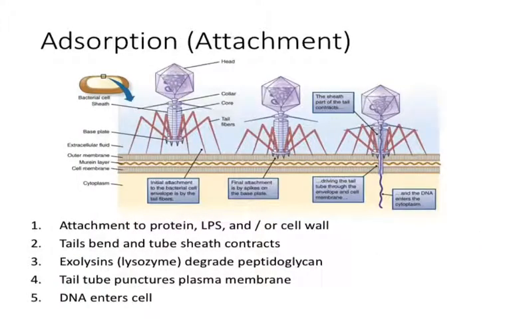So let's talk about a couple of the events here. 1, attachment. Don't even look at this picture right now, but if we're thinking about attachment of any normal virus, what are the steps that must take place? How would we describe the attachment process?